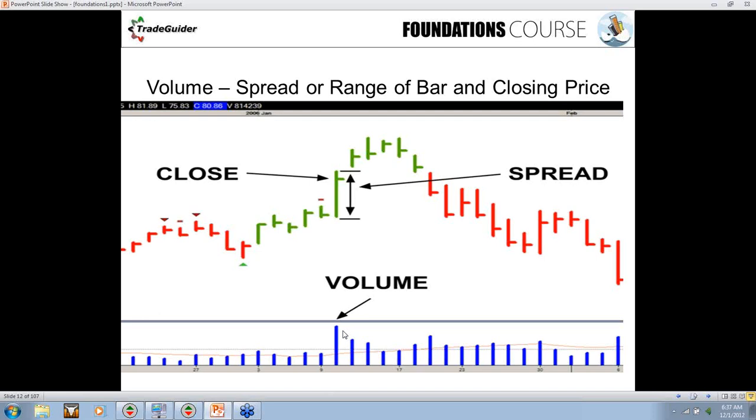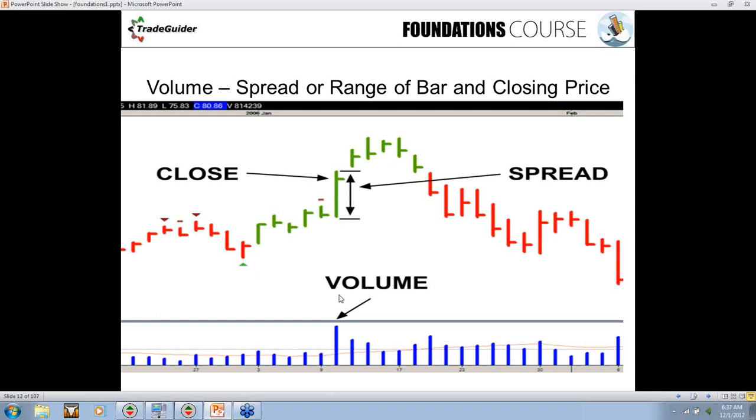We can have narrow, we can have wide, we can have average. Now in this example, we're showing a wide spread or a wide range. So let me just repeat this. The spread is the high and the low of the price bar.